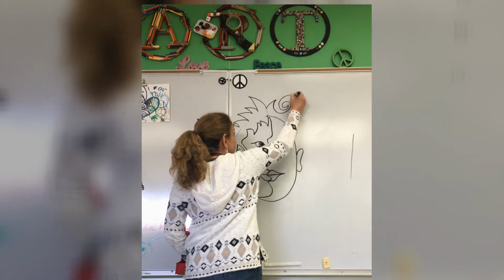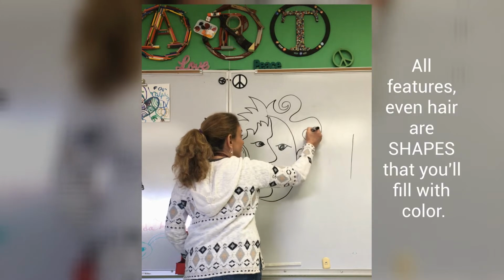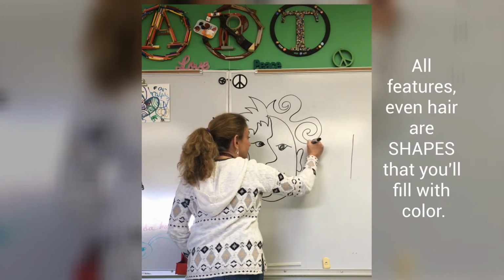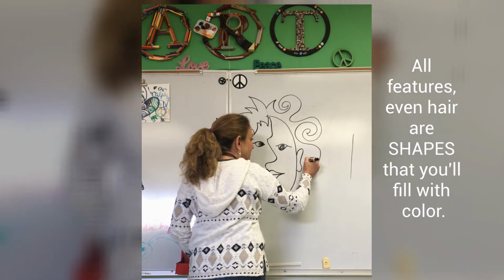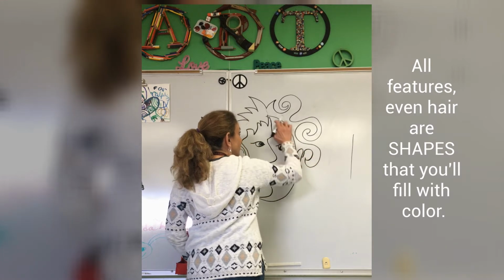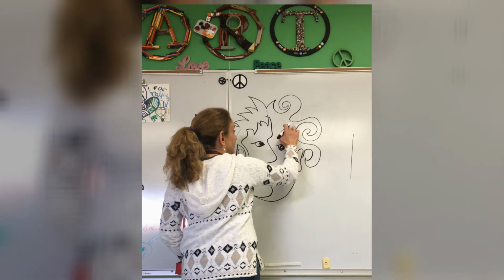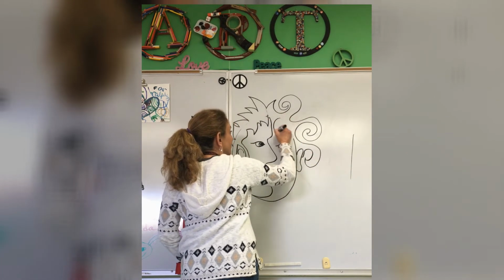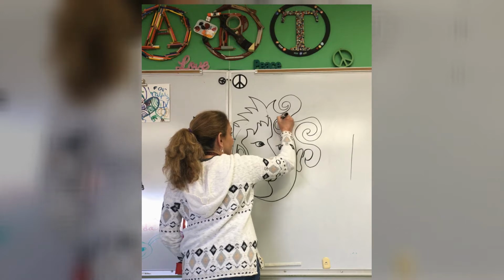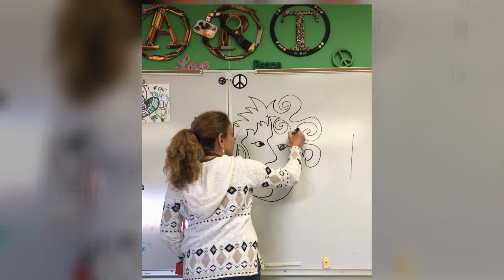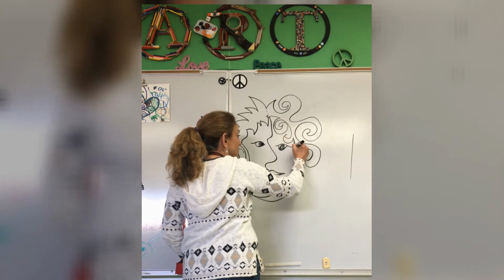Maybe here you want something a little curlier, but we're going to try and work with shapes rather than textured hair, because you're going to be filling in with color. Okay, so maybe here, this side, we've got some curls going on. Swirls and curls.